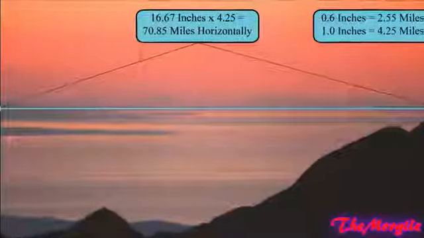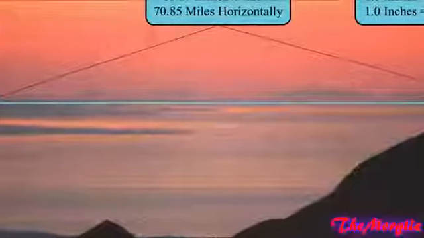So this picture here is very, very good evidence that the Earth is a plane. All of those lines running across the water should all be slightly curved, and we can see that they are waves traveling across a plane of water.